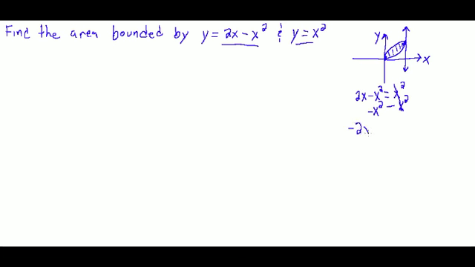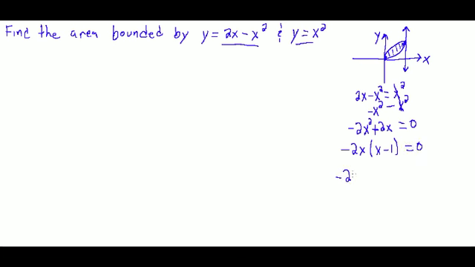So I'm going to have negative 2x squared plus 2x is equal to 0. And now what I'm going to do is pull out a common factor of negative 2x. What I'm left with is x minus 1, which equals 0.